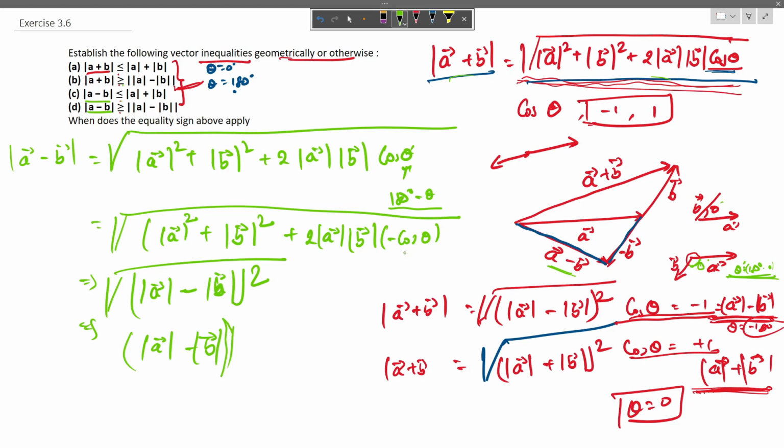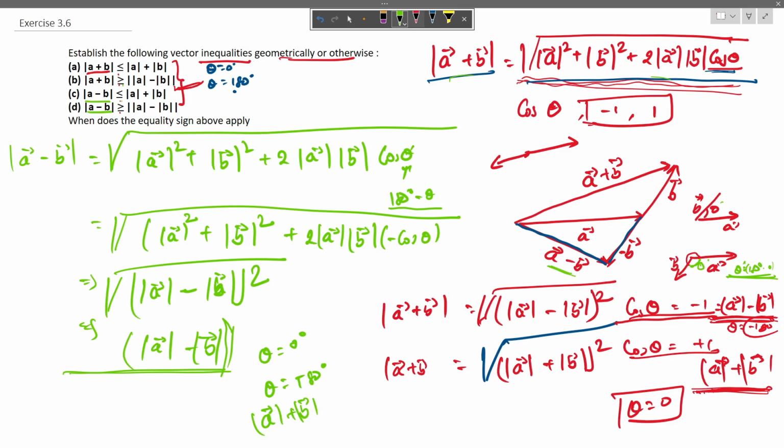Now again it will matter upon the value of theta. So if theta is equal to 0 degree, it is going to be this relation, and if theta is equal to 180 degree, the sign will change here, and it will turn out to be vector a plus vector b.